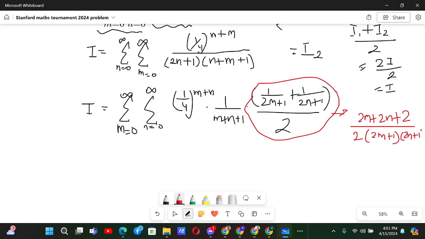And then you observe that this is just m plus n plus 1 by (2m plus 1)(2n plus 1). And now you will be able to cancel the m plus n plus 1.